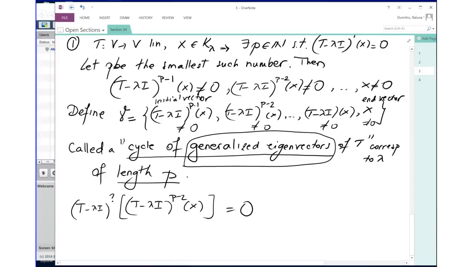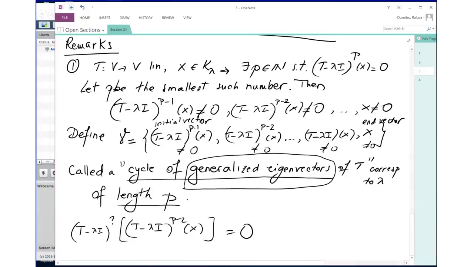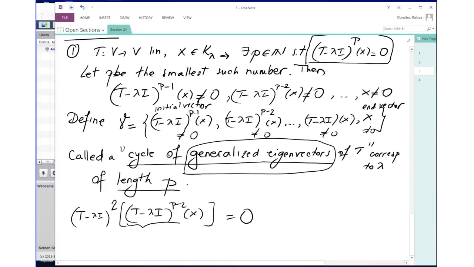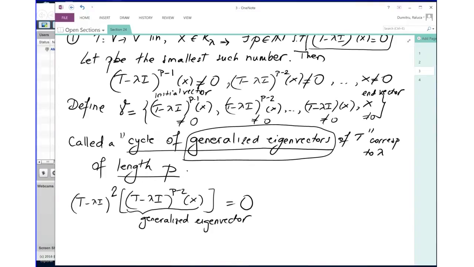What would that certain power be? Well, we constructed everything based on the assumption that the p power is 0. So here, I'm just applying the second power, and that will turn this into a generalized eigenvector. And I can mimic this idea for every vector inside that set: I can find a certain number to raise T minus lambda identity to, to get 0. Okay, so they are all generalized eigenvectors.